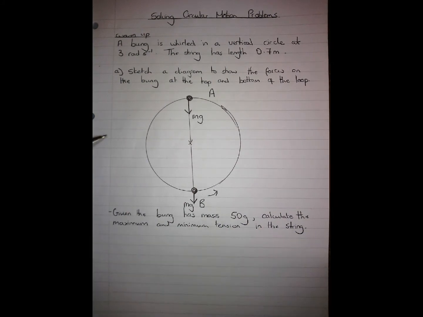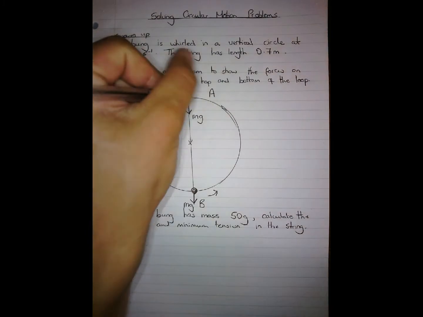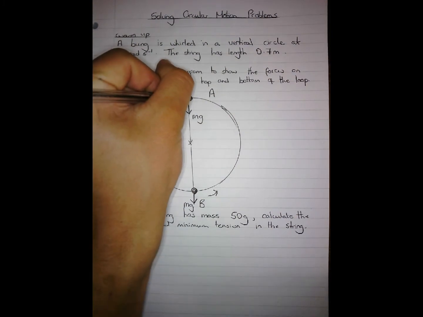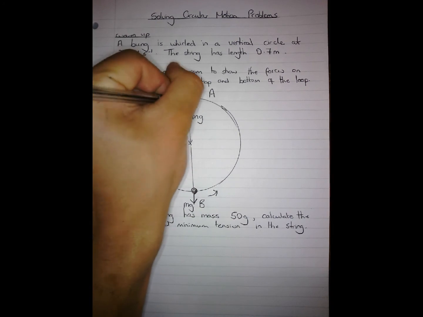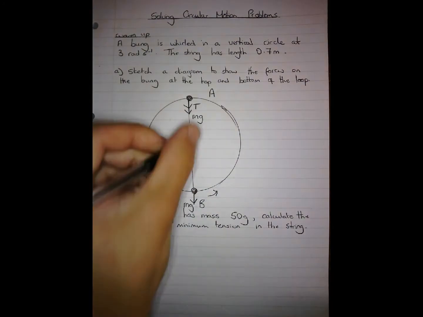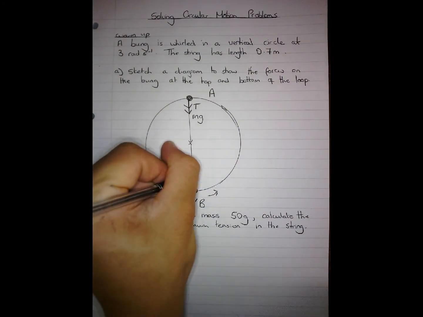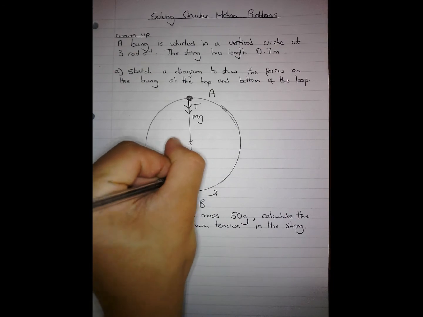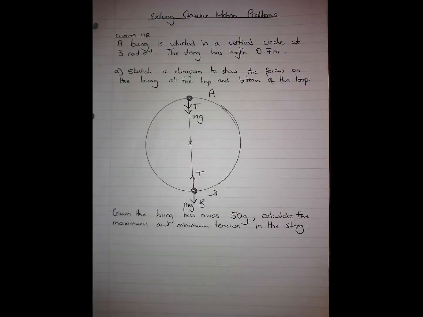And then we've got to think about the extra force here, which is tension. In this case, we've got the tension acting in the same direction as the weight. And at the bottom, we've got the tension acting in the opposite direction. And those are the two forces acting on it.